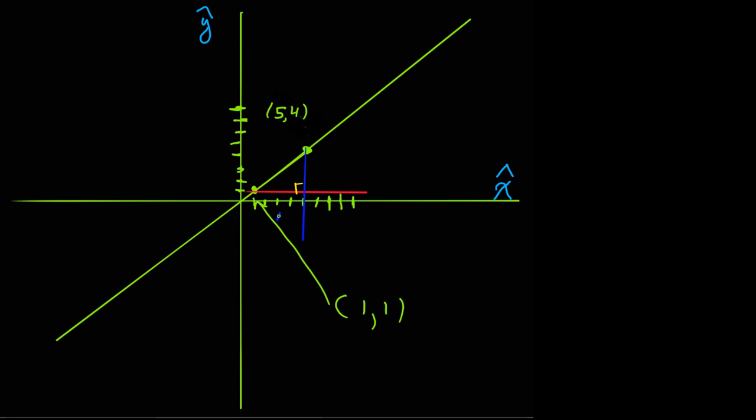I want to say this, oops, it should be red, is the change in my x values. If I go from here to here, the x value changes. And this is the change in my y values. And now, what I'm writing here is the change in y. This is a Greek delta.